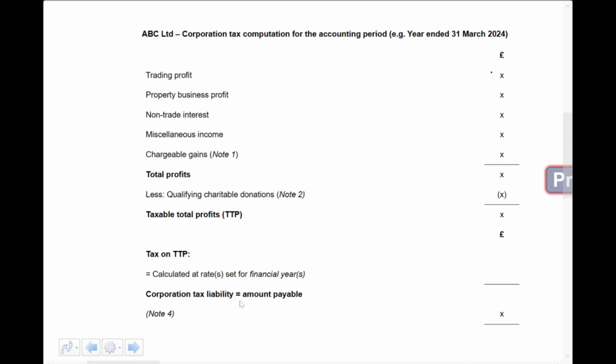Corporation tax liability equals amount payable. Bang, we're done. But this area has become more complicated for TX students because of the marginal fraction, and indeed the difference between the small companies rate and what we call the main rate, or large company rate, at 25%.